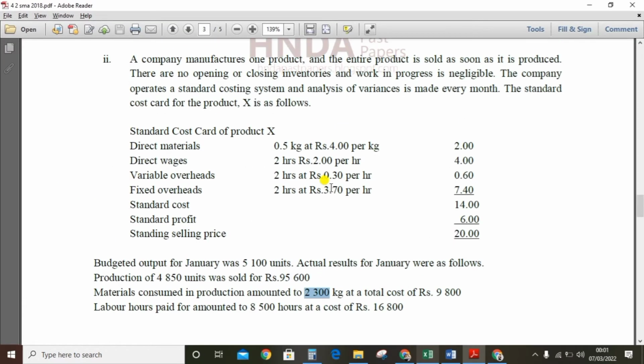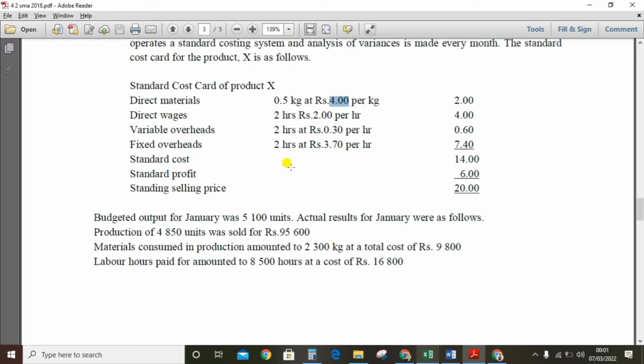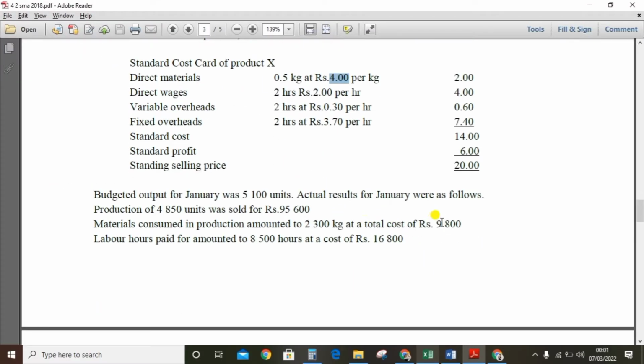Standard price means the standard or budgeted price per unit of material, that is 4 rupees, minus AQ times AP. AQ times AP means the total actual cost, which is given as 9,800.